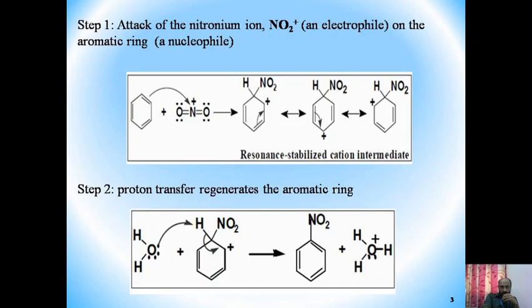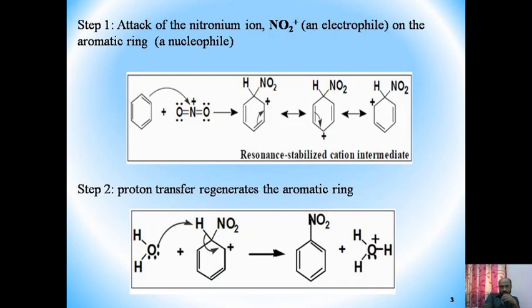When this carbanion donates its pair of electrons to the nitronium ion, NO2 plus, it forms a C-NO2 bond, and another H is also present in the structure. The second carbon atom then carries the positive charge. The bonding electrons inside the ring system reshuffle and give different resonance structures.